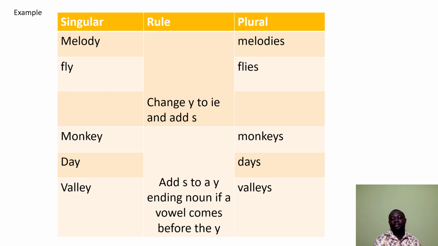Anytime the y is preceded by a vowel, you maintain it and you add the s. There's an e before the y, and e is a vowel, so we just add s. Day has an a before the y, so we maintain the y and add an s. Valley has an e before the y, so we maintain the y and add an s. Very good.